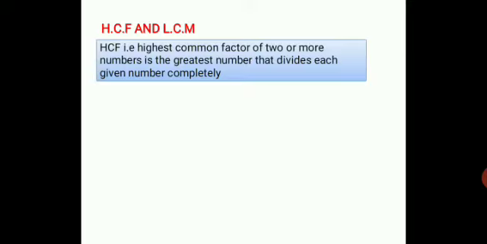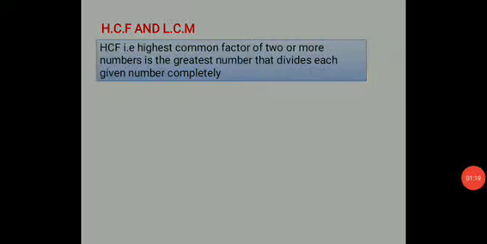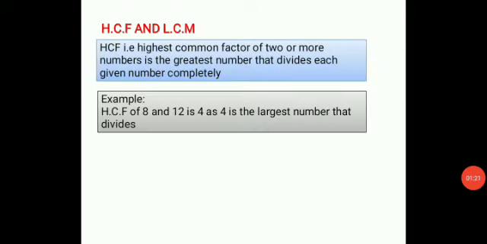Now we'll take an example. See example, HCF of 8 and 12 is 4, as 4 is the largest number that divides the given numbers completely. See, which all numbers divide 8 completely? 2 and 4.